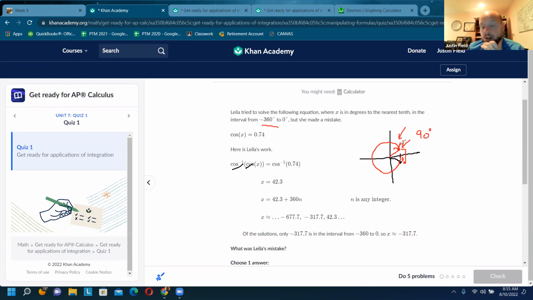So if I subtract 270 out of 317, then we'll get that angle. 270 minus 317 is 47. So then what's the complement of 47? The complement of 47 is 43.